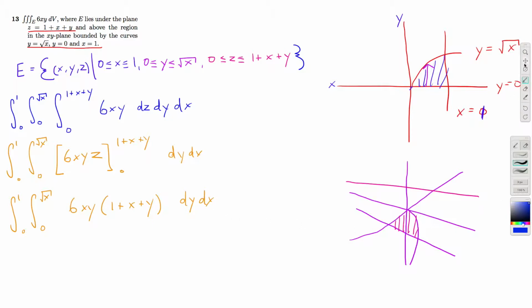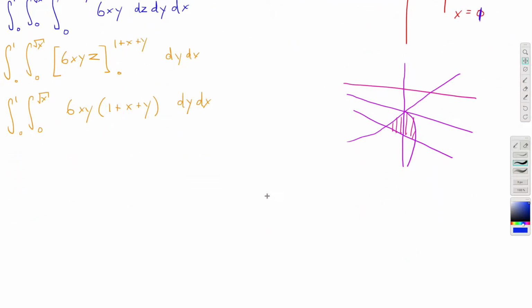Let's now just move this up. So now we're just going to expand our brackets to get 6xy plus 6x squared y plus 6xy squared. Now we're going to integrate with respect to y.